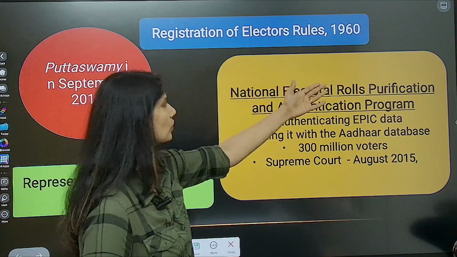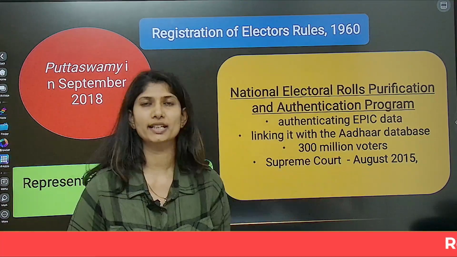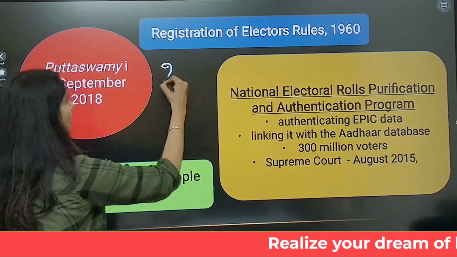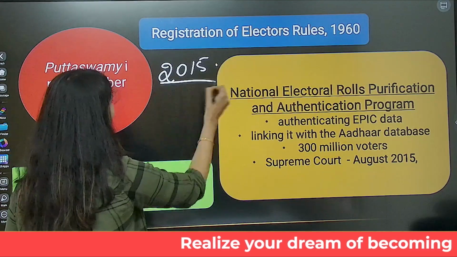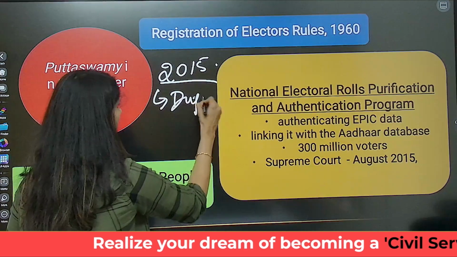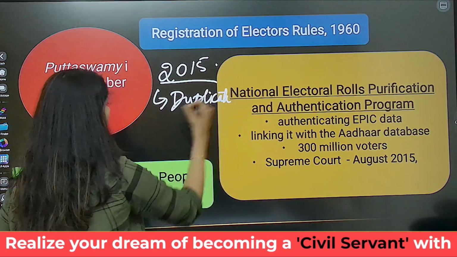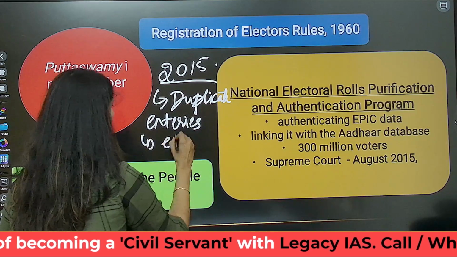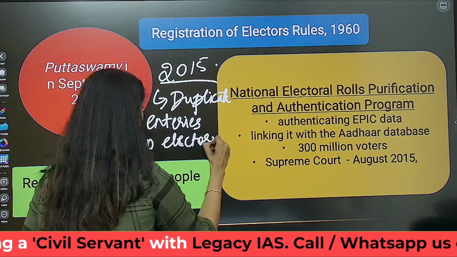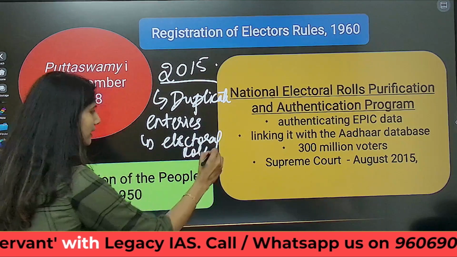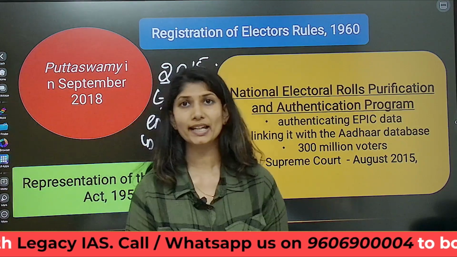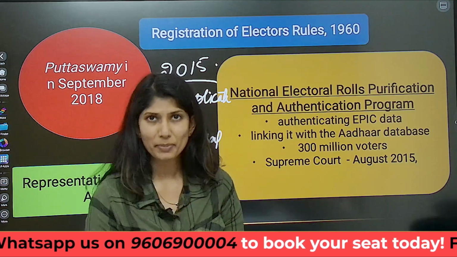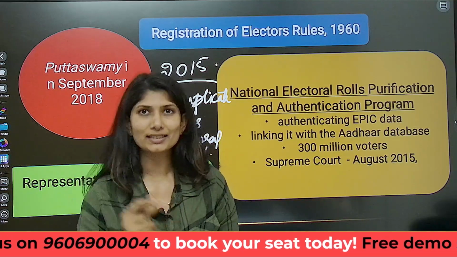National Electoral Rolls Purification and Authentication program in the period of 2015. To combat duplicate entries in your electoral roll, what the Election Commission did was it thought it would link the voter ID, that is your EPIC card, to your Aadhaar number.